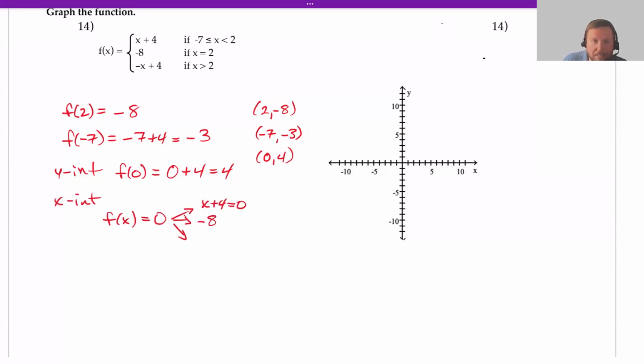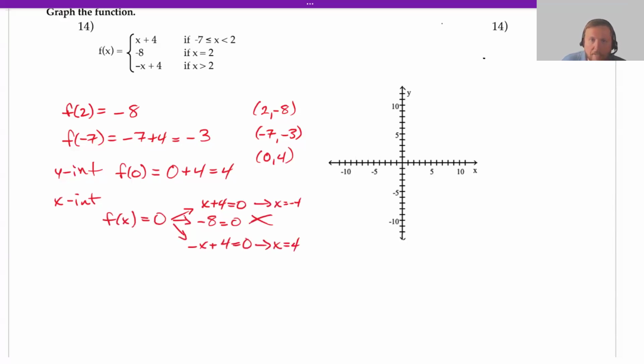Technically, you have to set the -8 equal to 0. You can skip it if you're like, that is silly, because it is. And then, of course, we get x equals -4. Here, that doesn't make sense, so we just skip it because it's automatically a false statement.